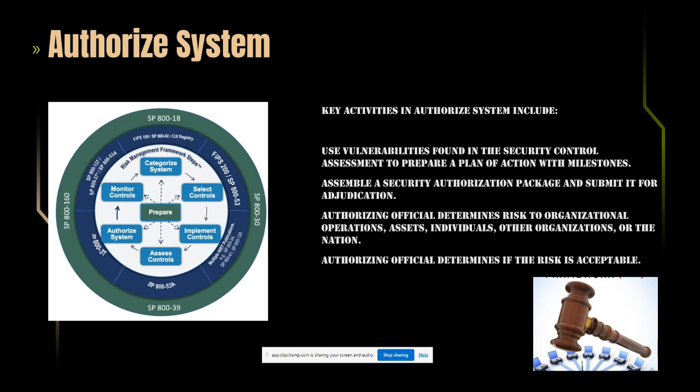They may set some type of conditions or stipulations on what needs to be done in order for that system to be granted its authorization, or milestones that need to be completed within a specific period of time. Okay.